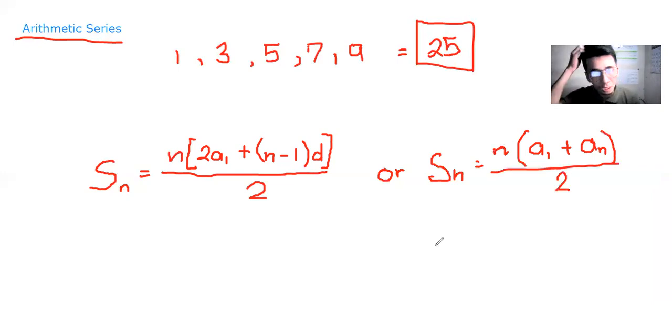So, pwede natin gamitin yung si formula 1 na 2 a sub 1 plus n minus 1 d, or di kaya si formula 2 na n multiply to a sub 1 plus a sub n over 2.